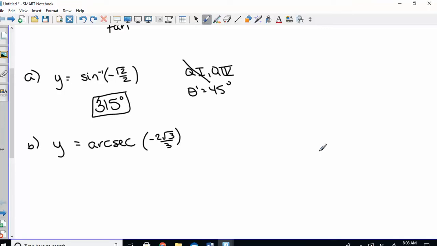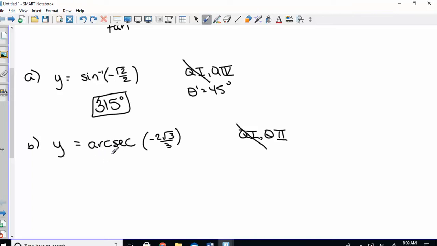Arc secant is the same as saying secant inverse, just a couple different notations that we can use. When I see secant, I'm thinking secant is like cosine, so that could be quadrant 1 or 2. Which quadrant would this be? 2.